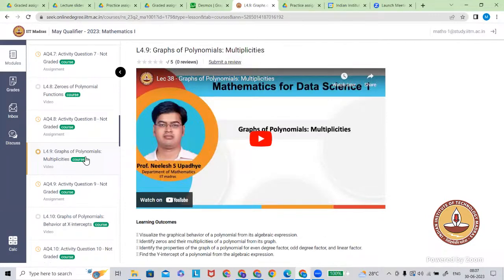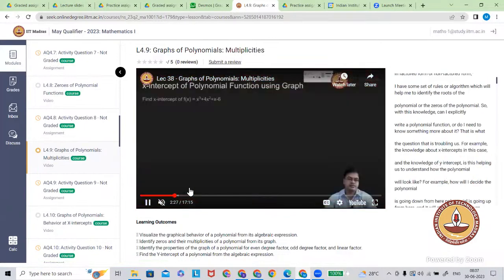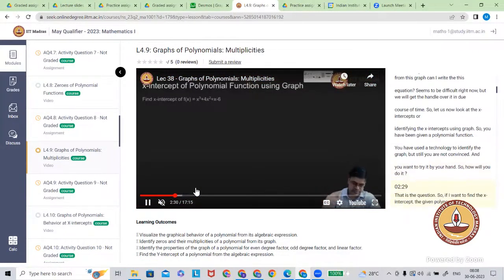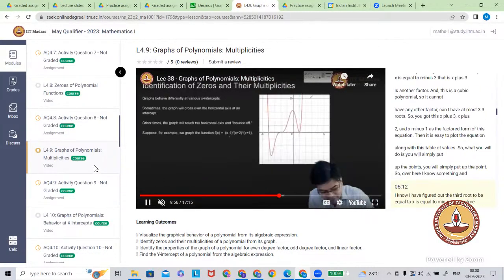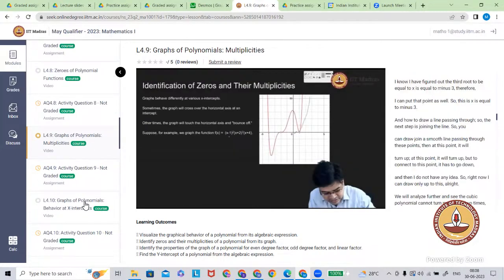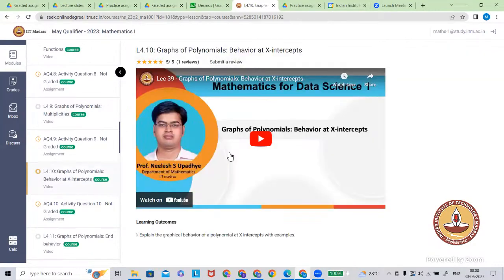What does multiplicity mean here? The roots depend on the multiplicity. And next is the behavior at the multiplicity, or at the x-intercept.